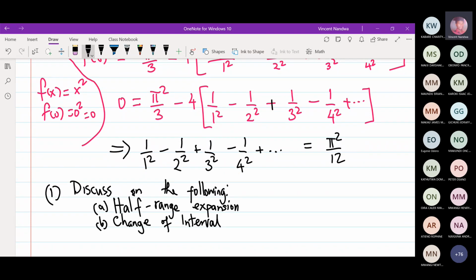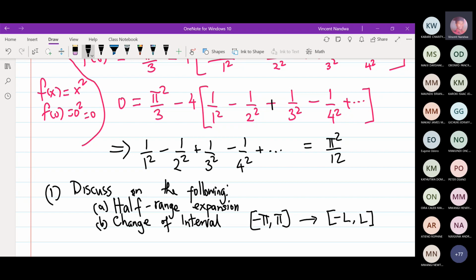For change of interval, we have actually been confining ourselves from minus pi to pi in the definition of the Fourier series. What happens when we go to the interval, say, minus L to L? How does the Fourier series expression look?